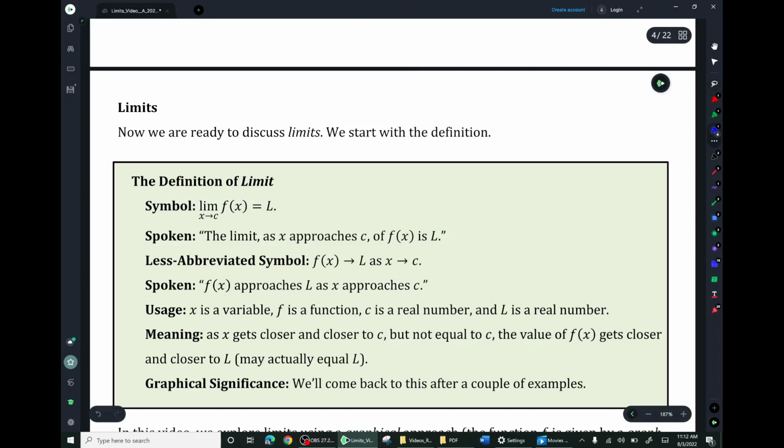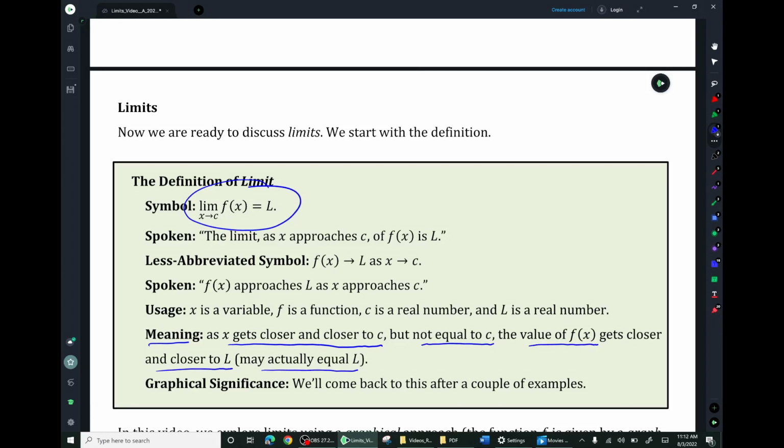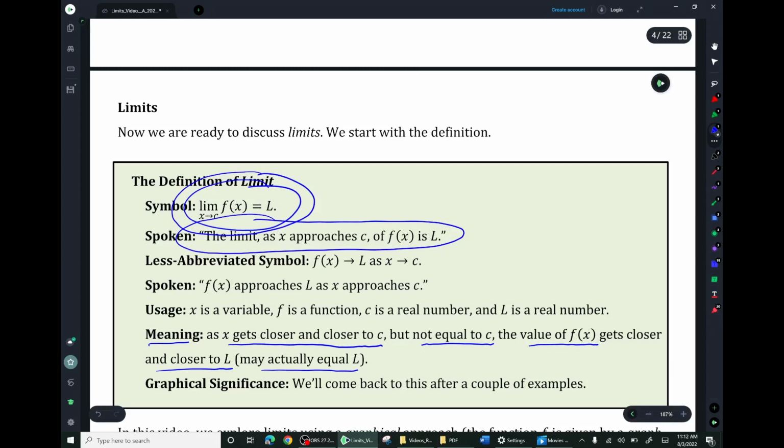Finally, the meaning of the symbol. What this symbol means is the following. As x gets closer and closer to c, but not equal to c, the value of f of x gets closer and closer to L, and may actually equal L. So notice that this symbol is an abbreviation for these spoken words, and that is actually an abbreviation for this longer spoken sentence.